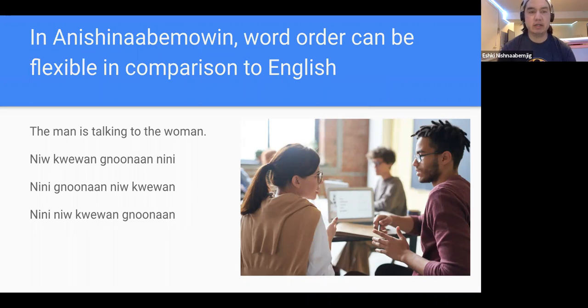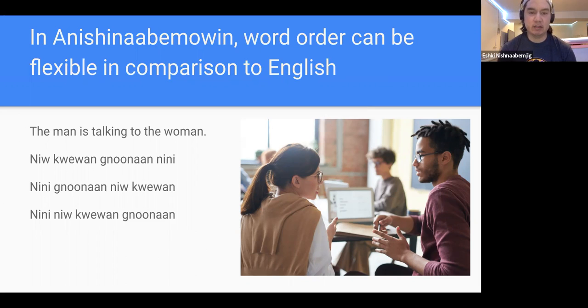In English, we usually need one way of saying it. The man is talking to the woman, or you could say the woman is being talked to by the man. But we can't say the man, woman talking to, or talking to man, woman. Doesn't make sense.